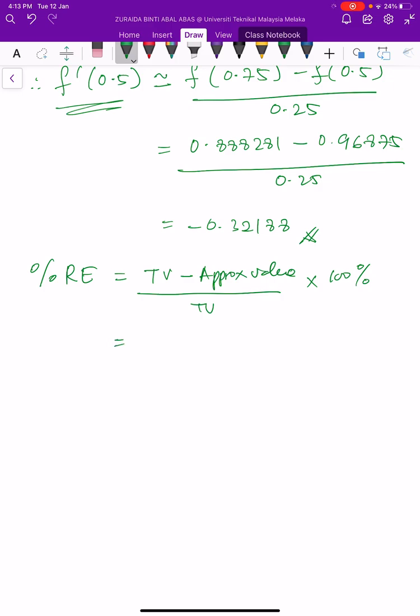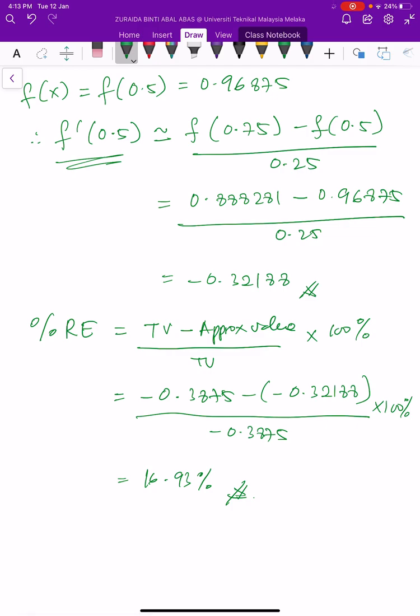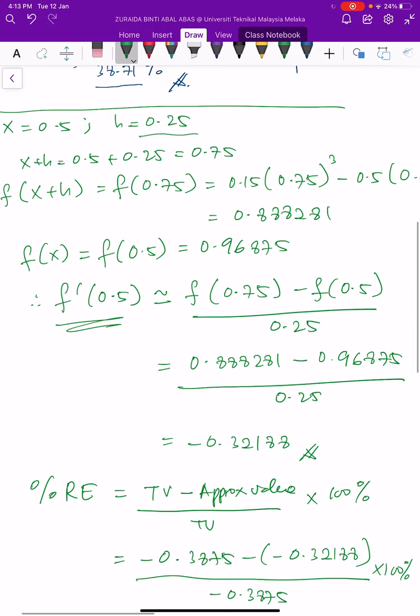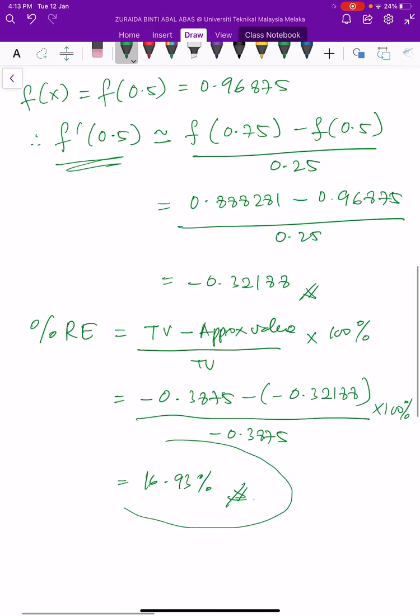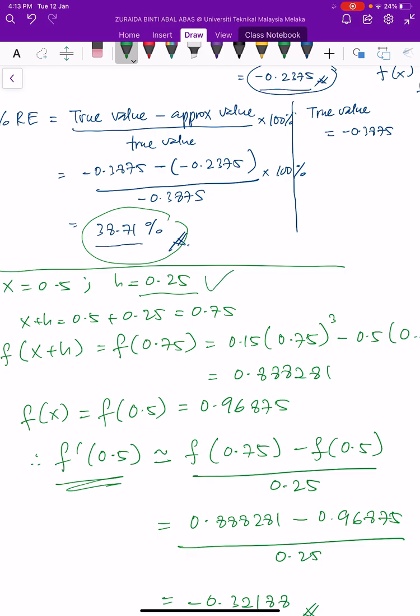That gives you minus 0.3875 minus minus 0.32188, divided by minus 0.3875, times 100%. Therefore, you will get 16.93%. Now, looking at this, when you compare with h equal to 0.25, you have a smaller relative error compared to the previous one. So this one is better.